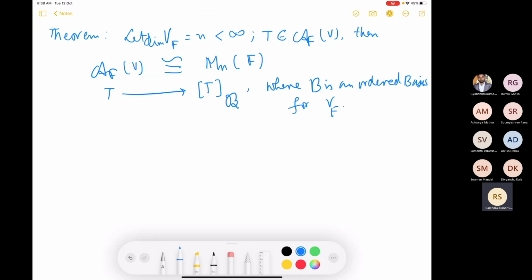Now, if we change the basis, what happens?